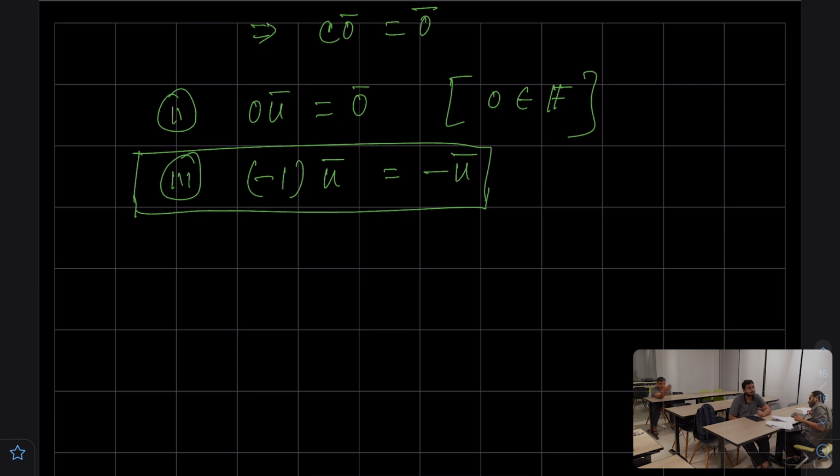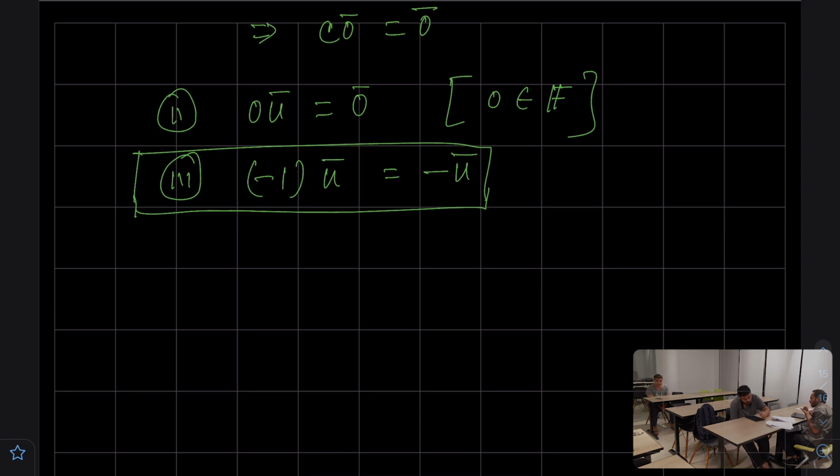And on the left-hand side, that is the scalar minus 1, which comes from the field, multiplied with u vector, and that multiplication is the scalar multiplication in the vector space. So these two, you need to prove that they are actually equal. It's a non-trivial result.